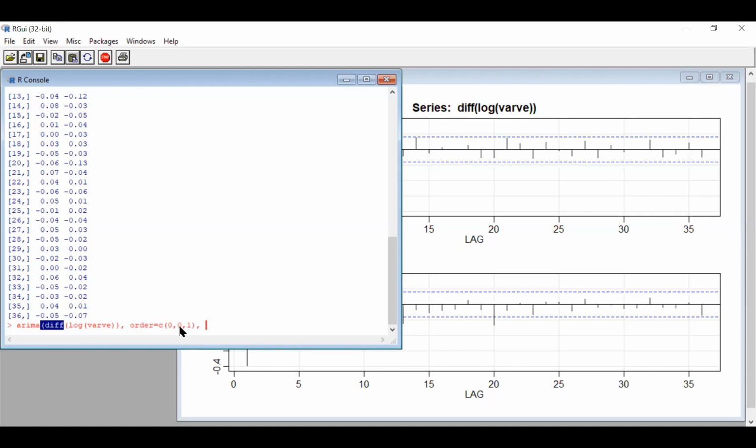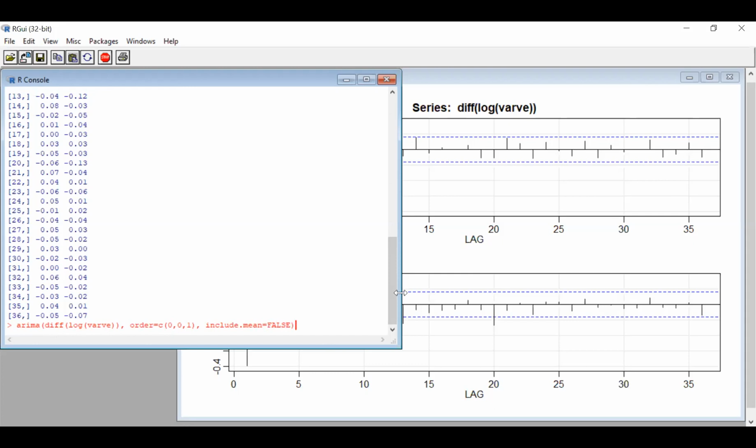Let me try using the second parameter later, but now we used the diff function to take the difference before, so we plug in 0 here, no more difference. And let me say no mean: include mean is false.